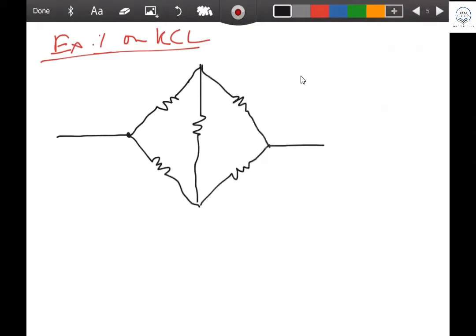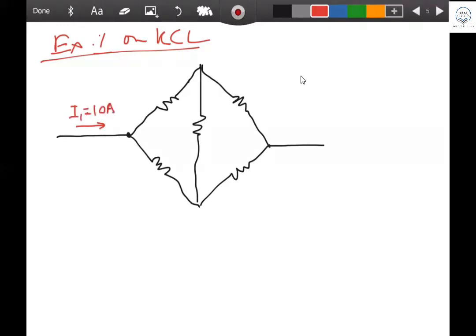Okay, now the example is something like this. So this is the network, and here the current flowing through this is, let's say, I1 equal to 10 ampere.